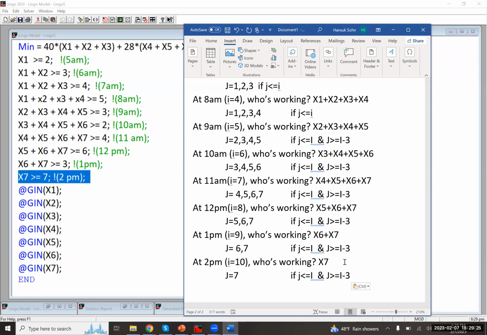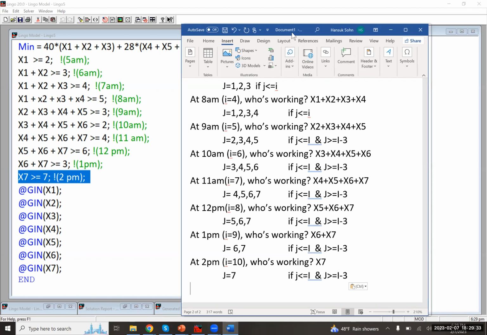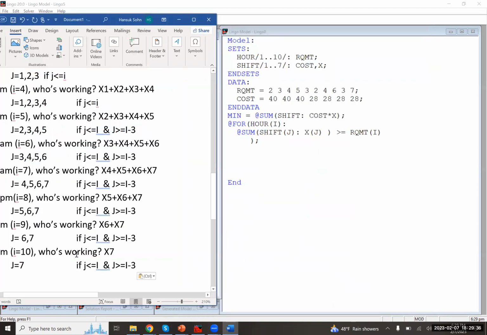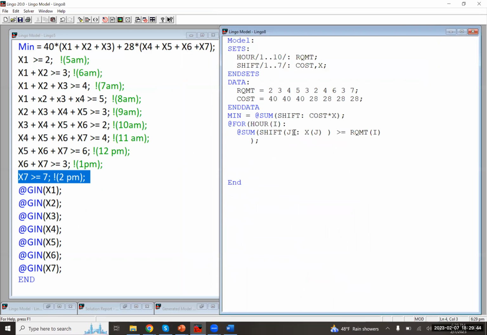Now we need to add this conditional qualifier to the current LINGO input. Where? Right after here, we're going to put the vertical bar and then include that condition, using the LINGO syntax.